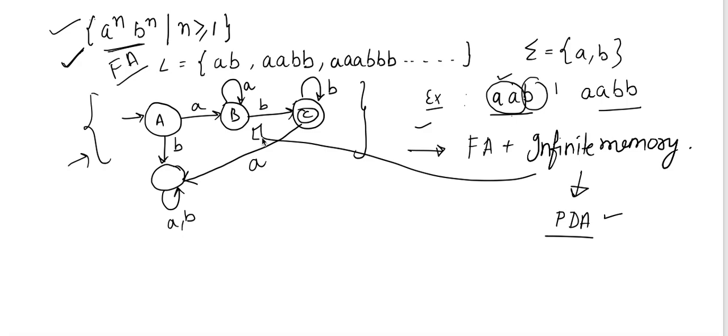So what I wanted to show you here is that there are certain languages that cannot be accepted by the finite automata. That is why we need some other automata. So let's check the family of languages, or what all the automata are possible.